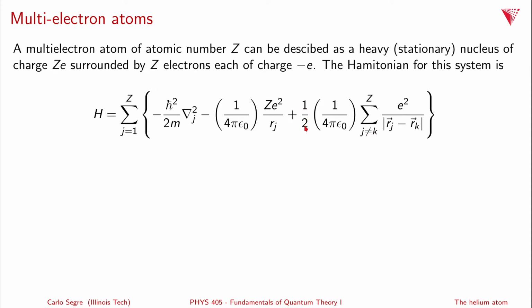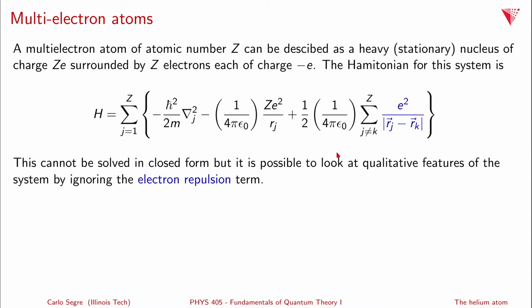And then you divide it by 2 because when you do this, you're double counting. You will count the force between the m-th and the n-th one one way when you go from m to n, and you'll count it again when you go from n to m. And so you want to divide by 2 to get rid of that.